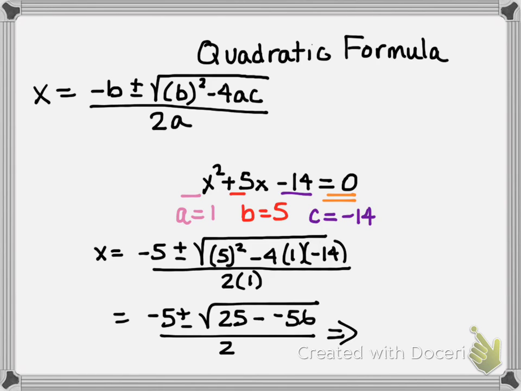That 25 minus negative 56 simplifies down to be 81. So right now we have negative 5 plus or minus square root of 81 all over 2.